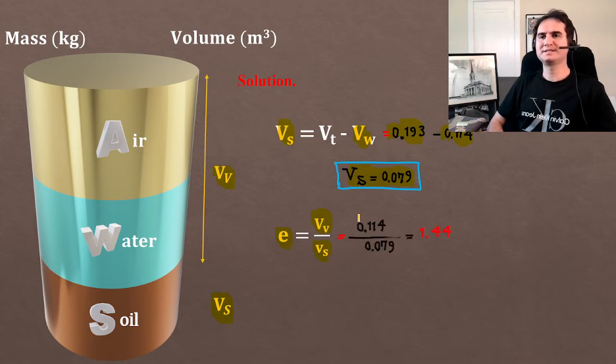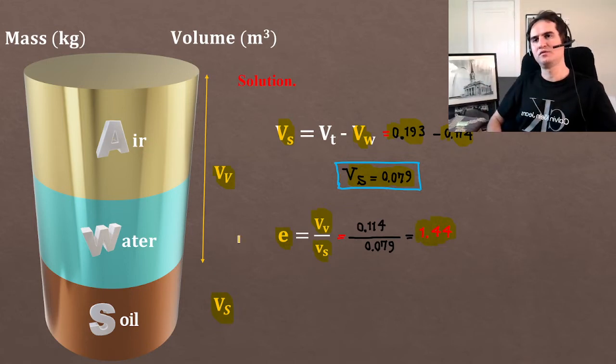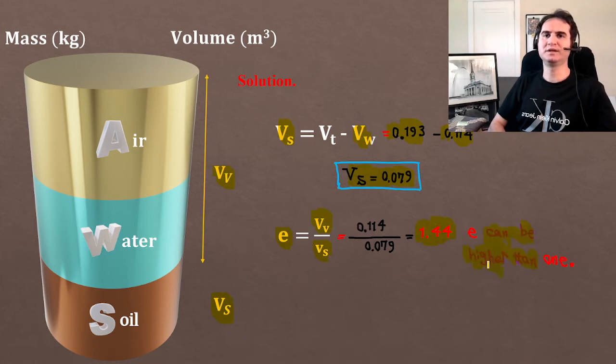If you replace the numeric values, it gives you 1.44 for void ratio.